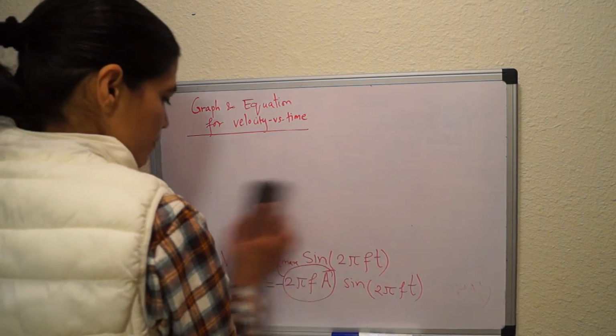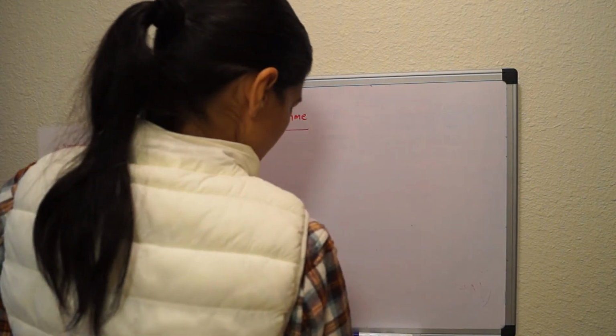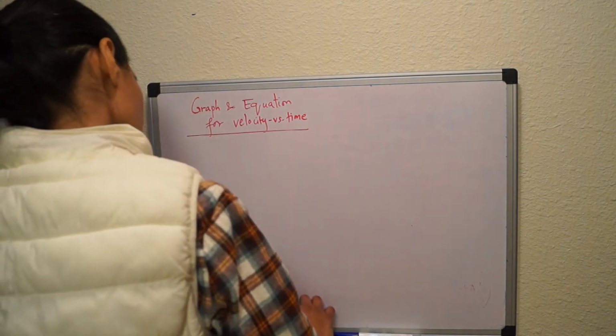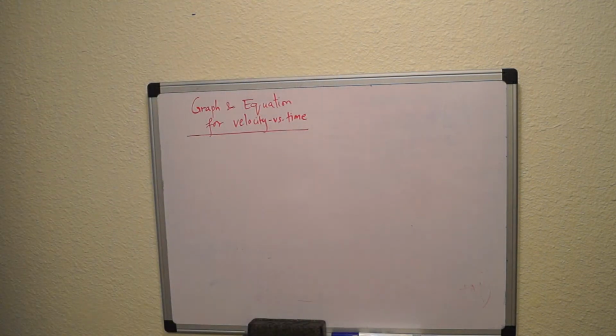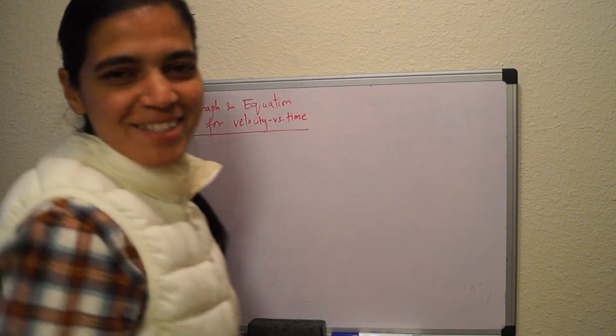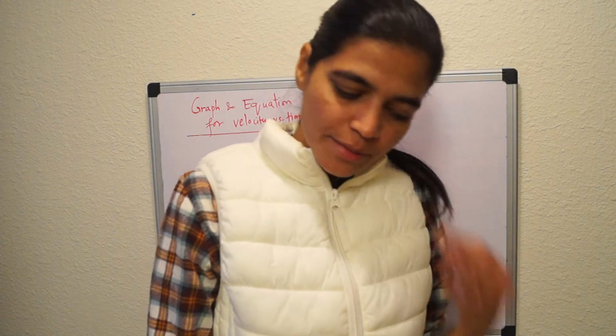Have you thought of, or really, probably you haven't thought about it, but that's okay. What do you think the acceleration versus time graph would look like, guys? Since now we have learned about the position versus time graph and the velocity versus time graph.